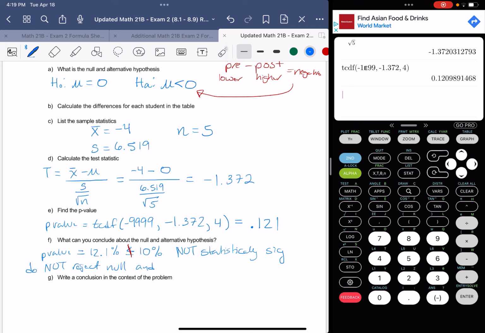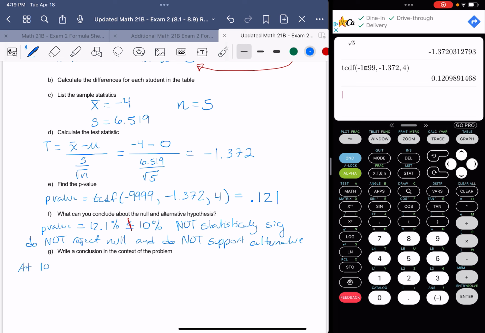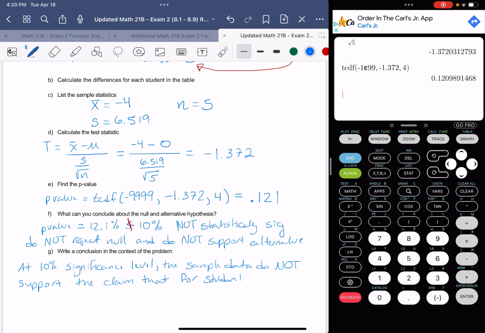Lastly, we can write an overall conclusion. So at the 10% significance level, the sample data do not support the claim that for students who do not do their homework and only attend tutorials, their exam scores will improve.